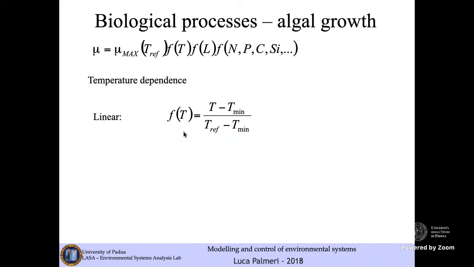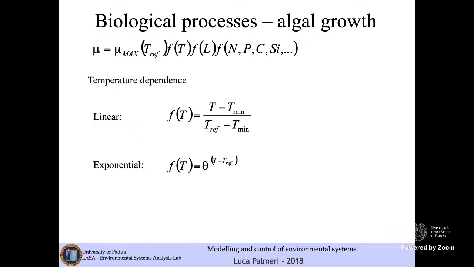Please note that this is a value that is smaller than 1 and larger than 0. Of course, T minus Tmin is larger than 0, because Tmin is the minimum temperature at which the algae can grow. Tref is the reference temperature at which the algae grows at its maximum, so its growth rate is the highest.